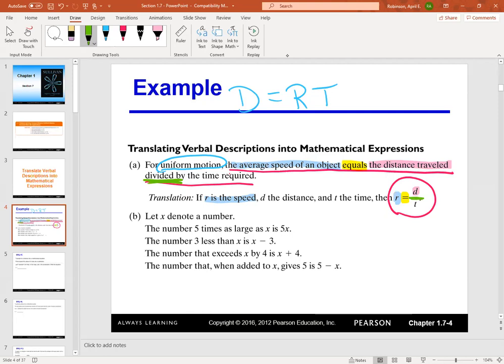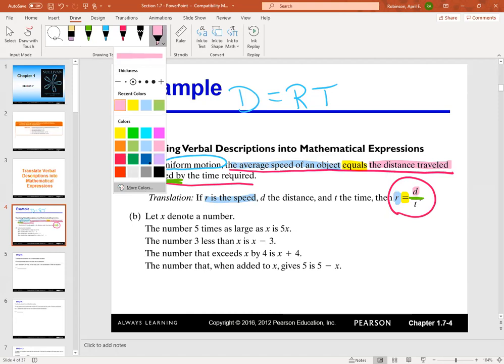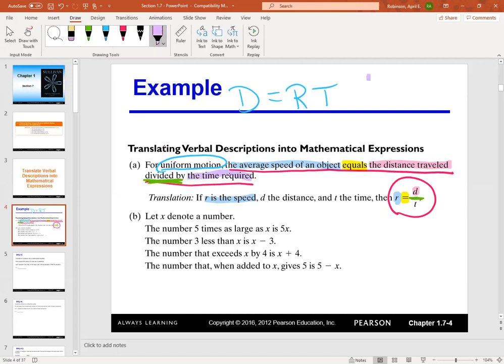That's the divided by part. And then onto the purple, the time required, and they said use t as the time, and here it is right there. So that's translating that.